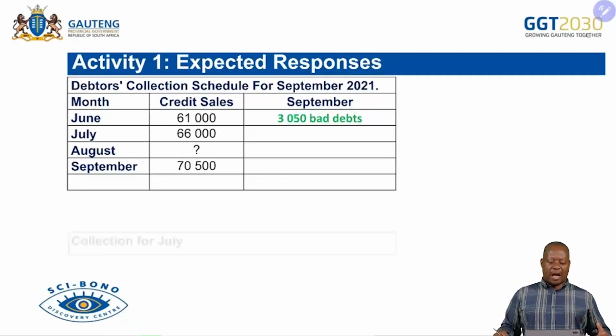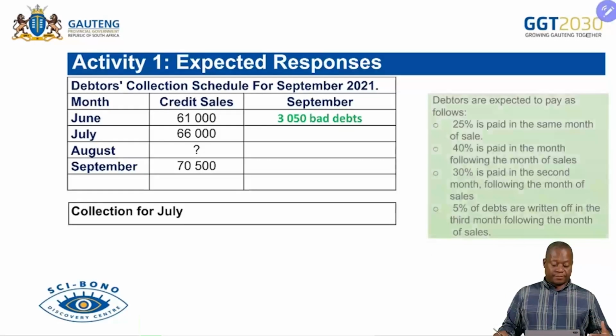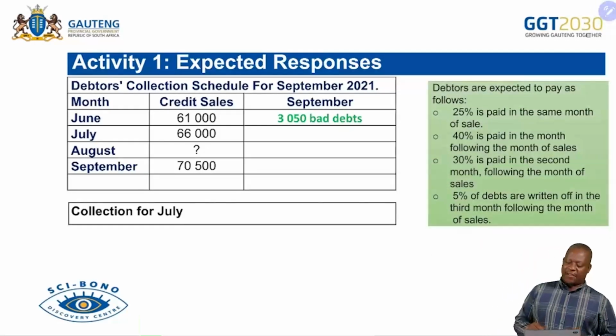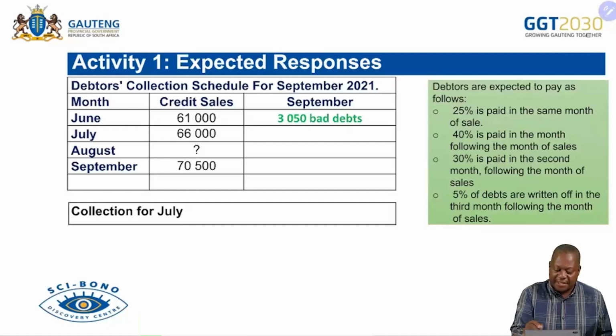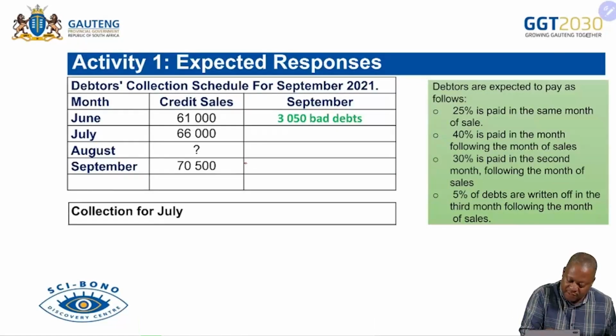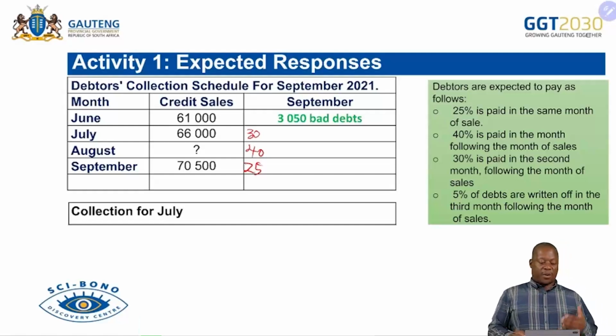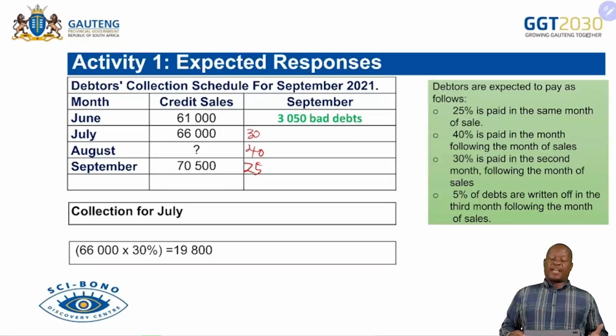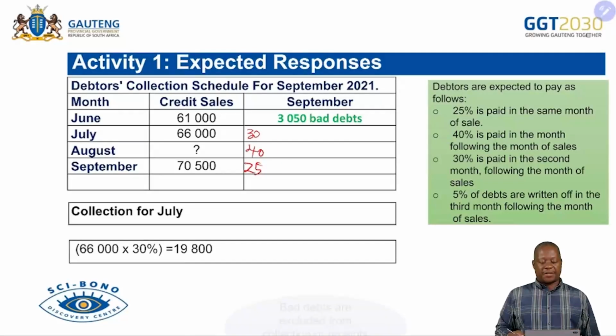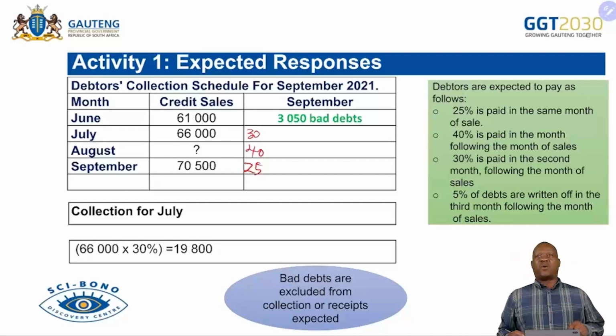Now, let's move on to the collection. Because we are given that 25% in the same month, I am going to repeat this. 25% here, 40% here, and 30% here, before the 5% that is bad debt. So how are we going to look into the collection for July? Collection for July is 30% of 66,000. Straightforward. And then we are going to get 19,800 as our figure.